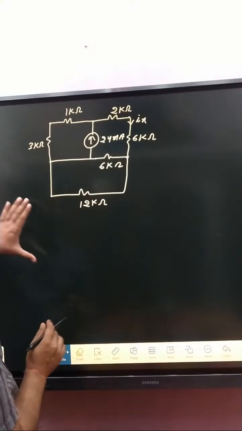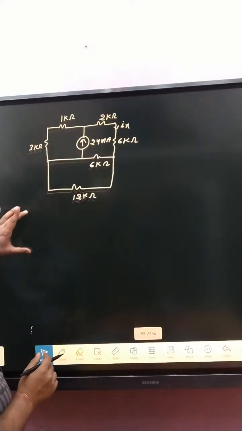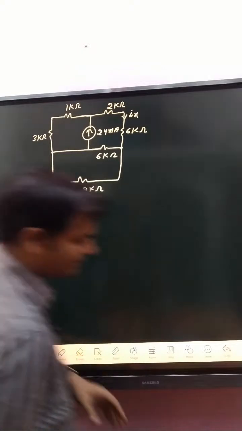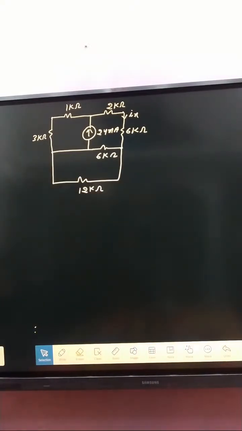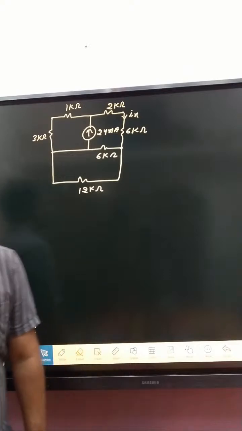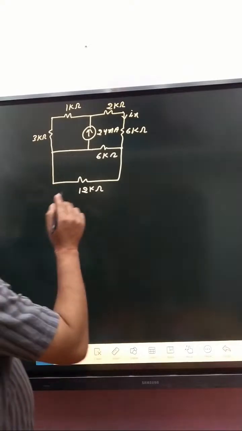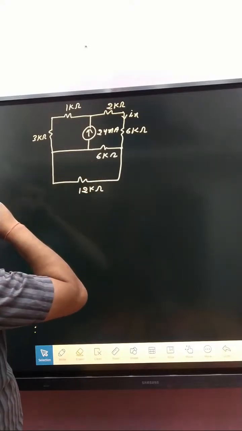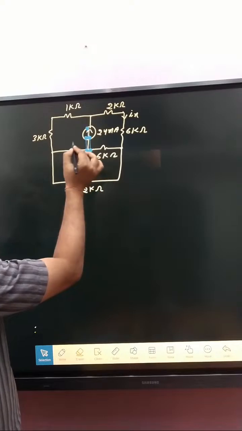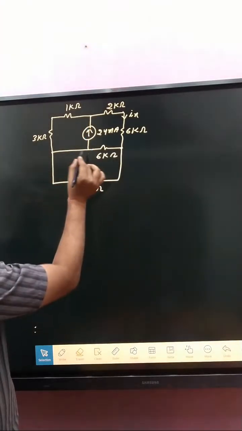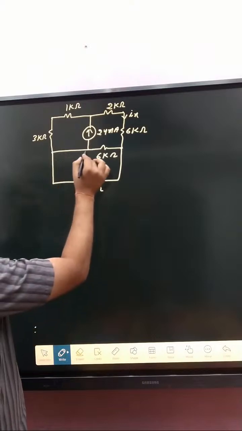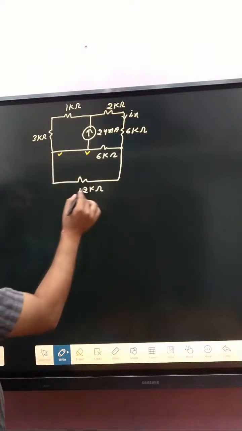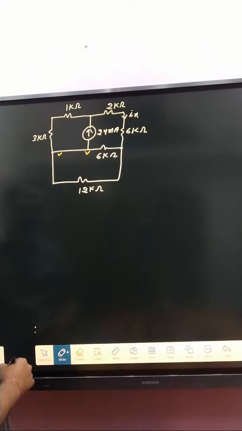First of all, if you see very carefully, now what about branch current? First of all, decide branch current. If you see, that one and that one are the same voltage, and these are in parallel.